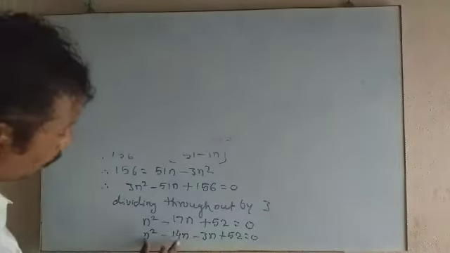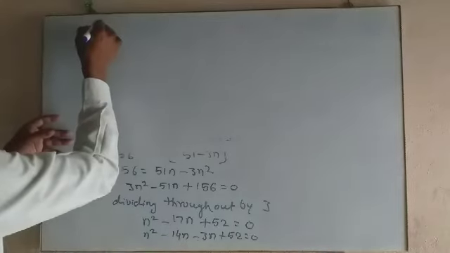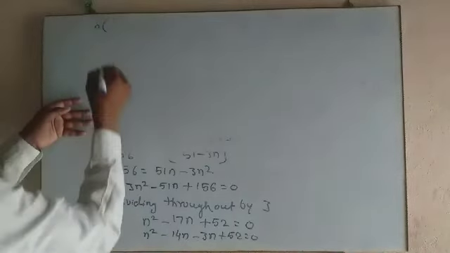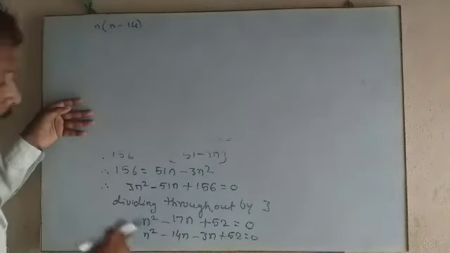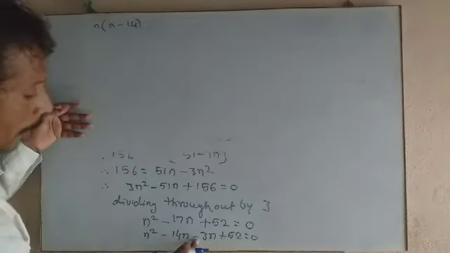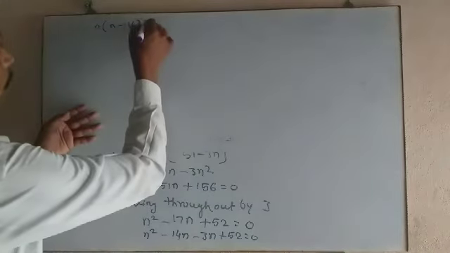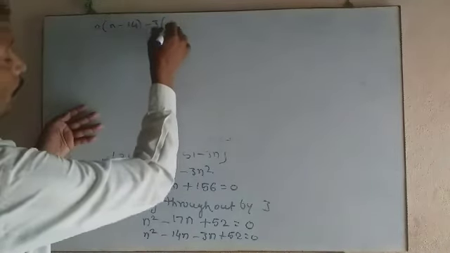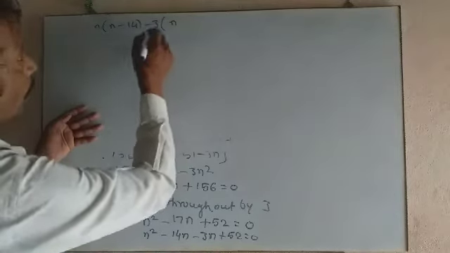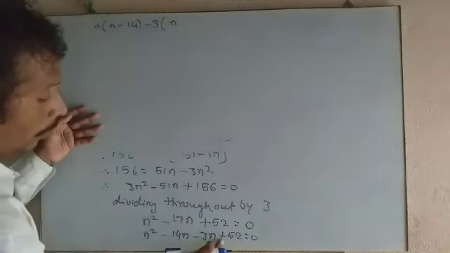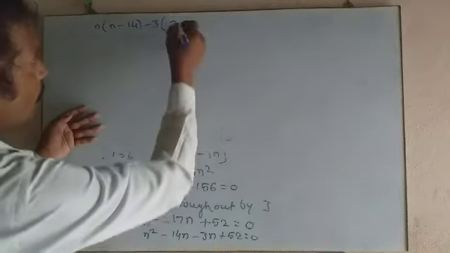In the first two terms, n is common. Taking n as common, into bracket n minus 14. Next, take minus 3 common, remaining n only. Taking minus common, this changes by minus.